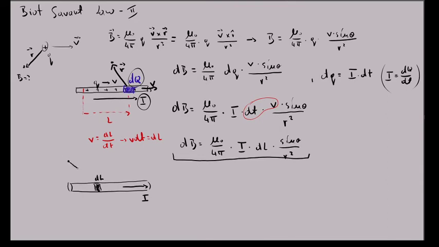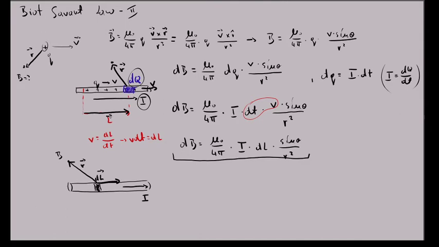Here you would have the r vector, and the magnetic field would have some value at this point, which you could calculate. The dl is also meant to be a vector that points in the same direction as the current I. dl just points from an initial position to a final position.